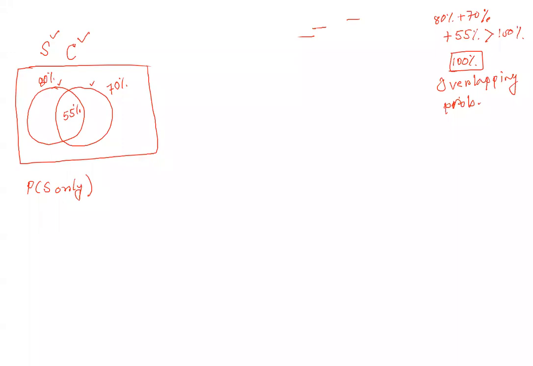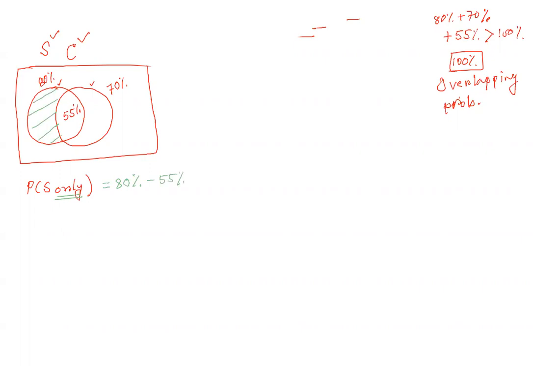Look, you pass statistics only. That means we are talking about this region. If you're in the middle, you not only pass statistics, but also pass what? Chemistry. That's not what we are interested in. That's why I clarified it here. Probability that statistics only would be 80% minus 55%. 80% chance that you will pass statistics, then 55% chance that out of this 80%, 55% will also pass chemistry.